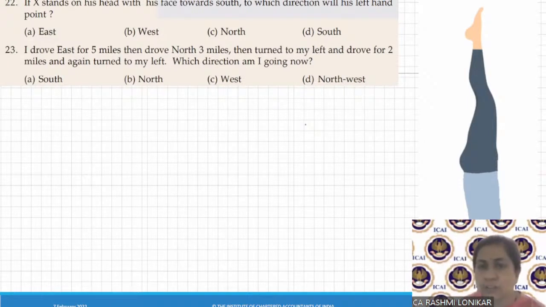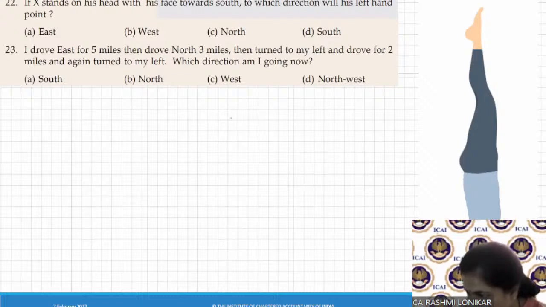Okay. So X stands on his head. So he's doing Shirshasana. So he's standing on his head with his face towards the south. So here I have shown you this person, which is this direction he's facing. This is his south. This is south.